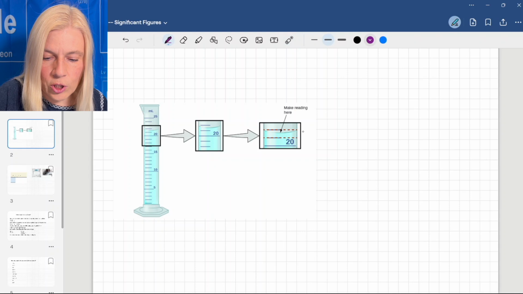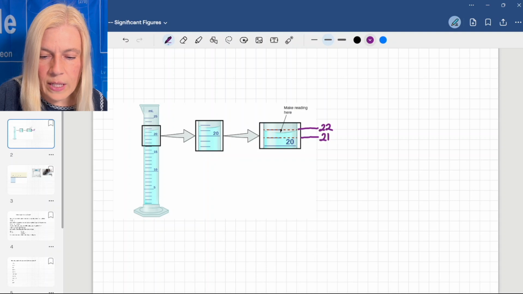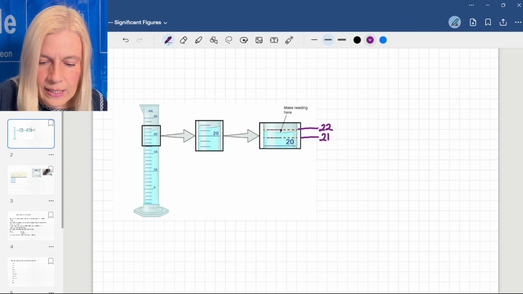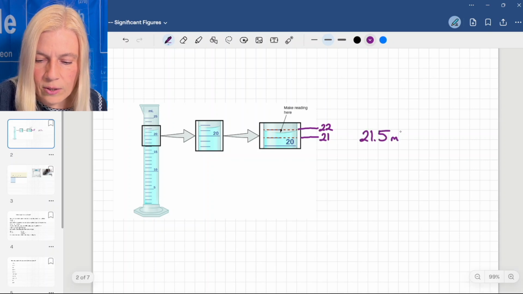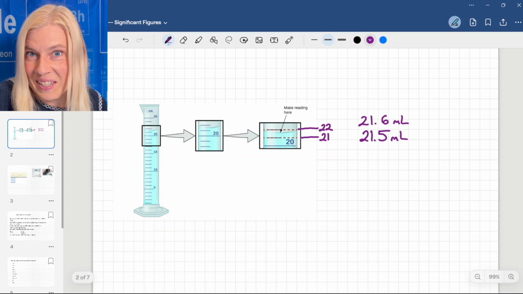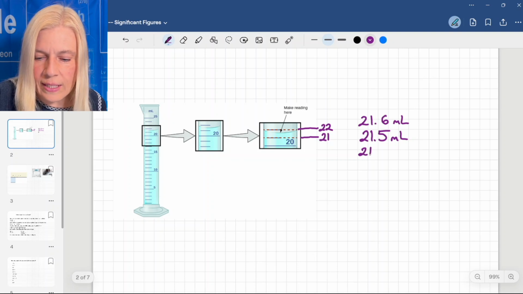We know for sure that our water is between 21 and 22 milliliters, yes? So now we can estimate. What if somebody says it's 21.5 milliliters? What if your friend says it's 21.6 milliliters? You can actually even accept probably 21.4 milliliters.